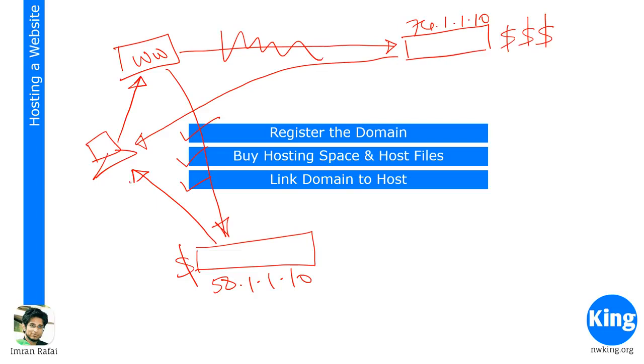So technically, for all the users, they just need to remember www.imran.com, and they don't need to worry about where I've hosted this file. This is the reason why you have a domain name and you have your host. This is just to give you a gist. It's not part of your syllabus, and if you want to learn more about hosting websites and things like that, that's going to be a different series.